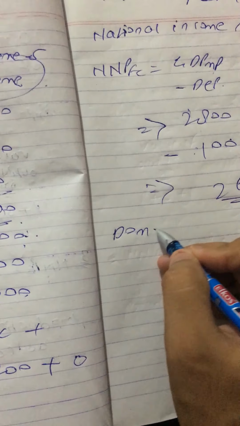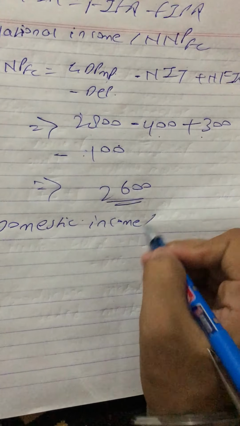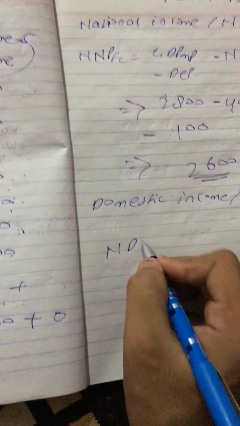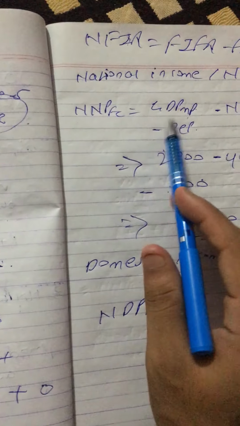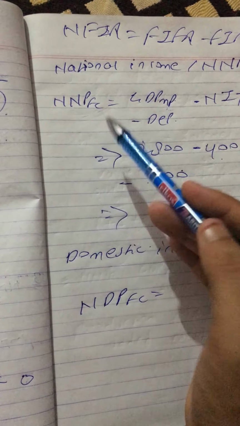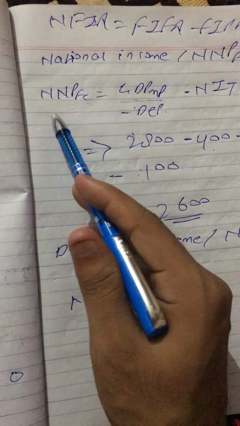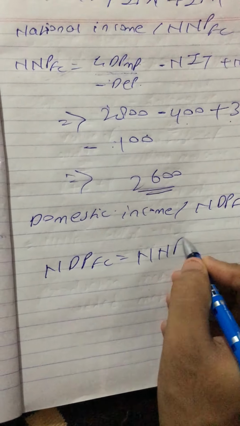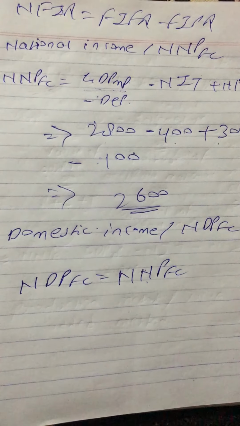But we also have to find domestic income. Domestic income is also known as NDPFC. So you have to calculate NDPFC with the help of GDPMP or NNPFC. Whatever you want to put, either GDPMP or NNPFC.